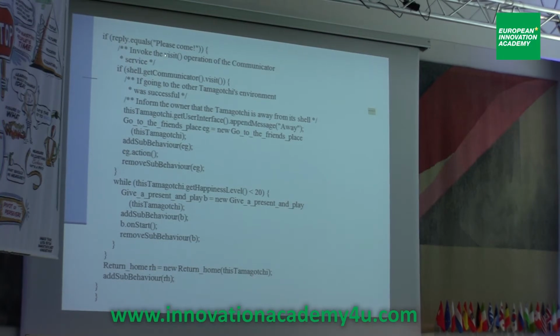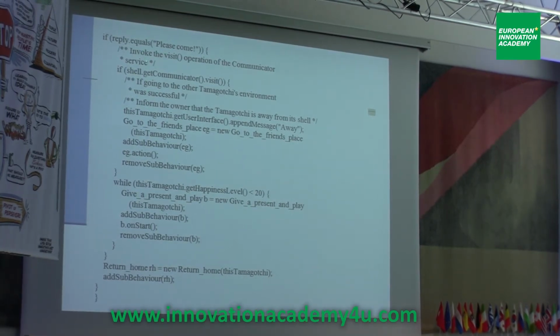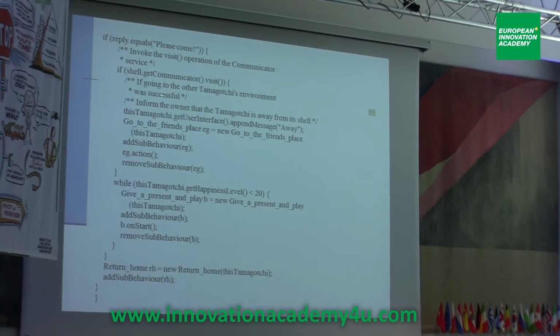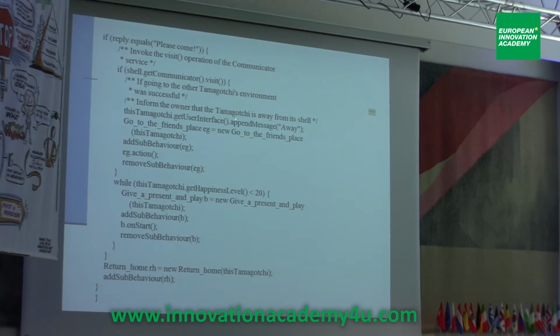And if the reply received to that request is please come, then one Tamagotchi goes to the other Tamagotchi's environment, and if that was successful, so that in the real world we connect these two Tamagotchis and one goes to the other one's environment, and this is what we're simulating here. If that was successful, then we inform the owner that the Tamagotchi is away from its local environment, by typing the appropriate message on the Tamagotchi's screen, away.